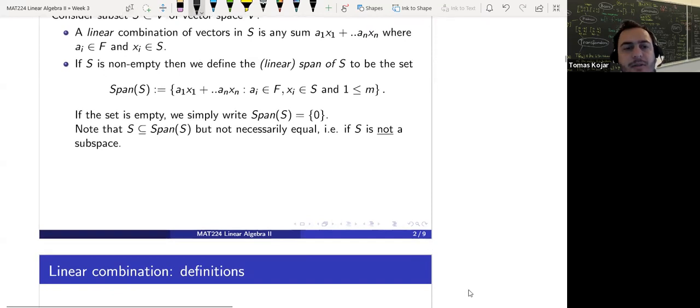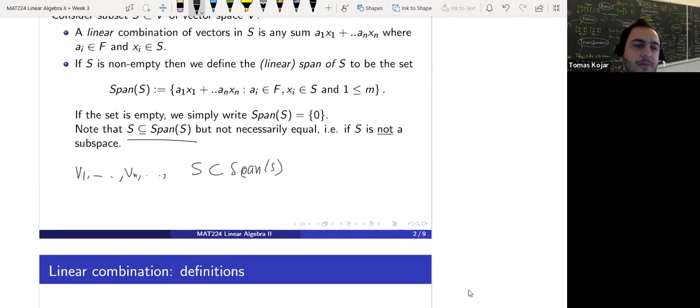And as I mentioned, S is often a discrete set, like a bunch of vectors. So you often have that S is only a strict subset of the span.